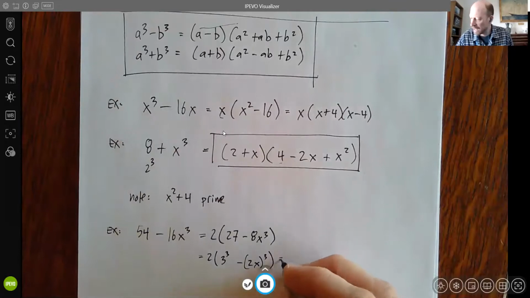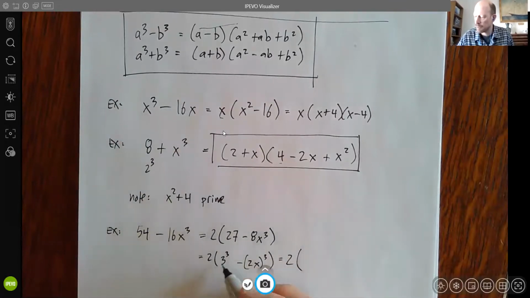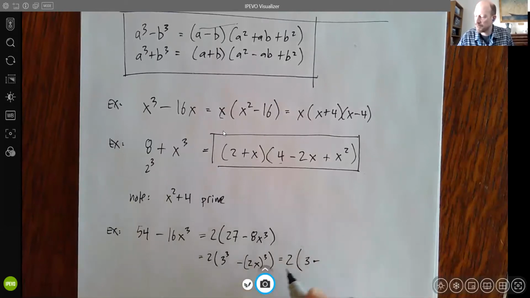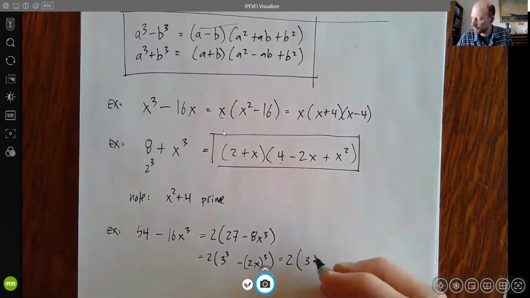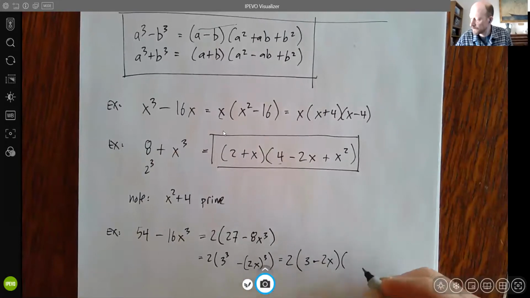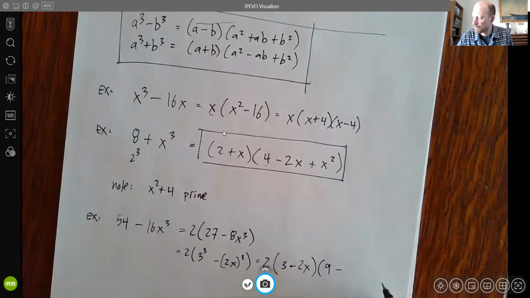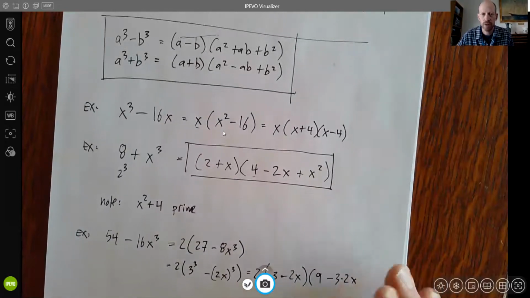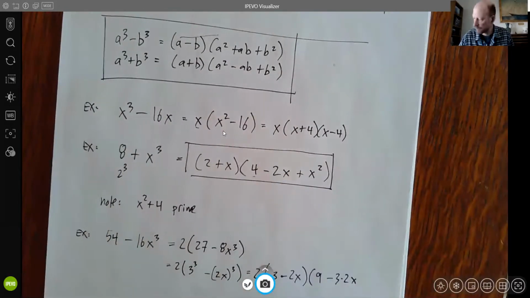Everywhere I see an A, I'm going to put 3. Everywhere I see a B, I'm going to put 2x. 3 squared is 9 minus 3 times 2x. Sorry, not minus. Plus, right?